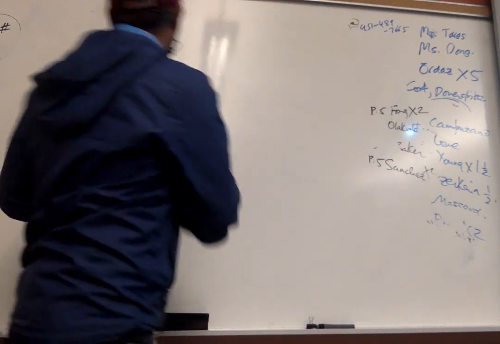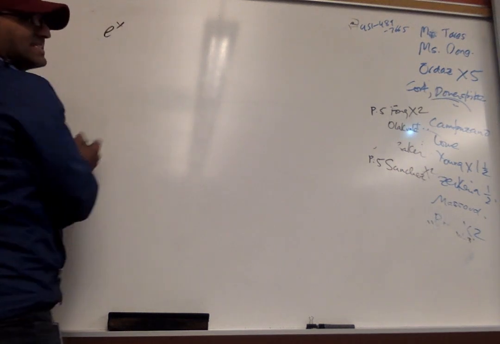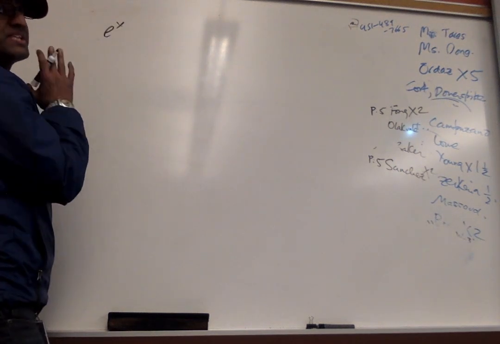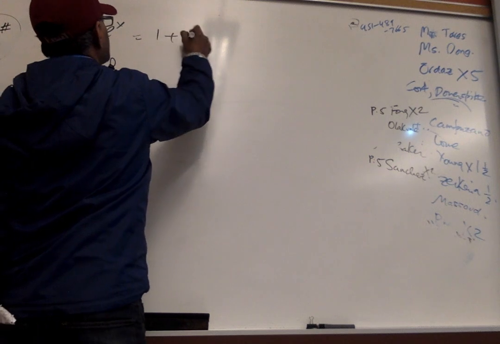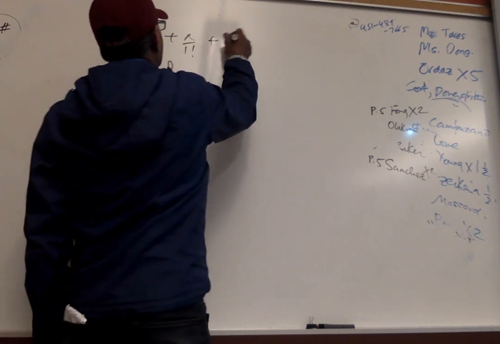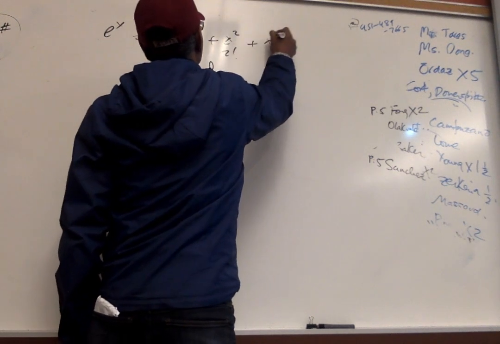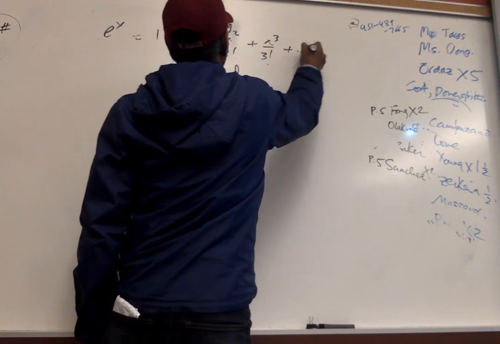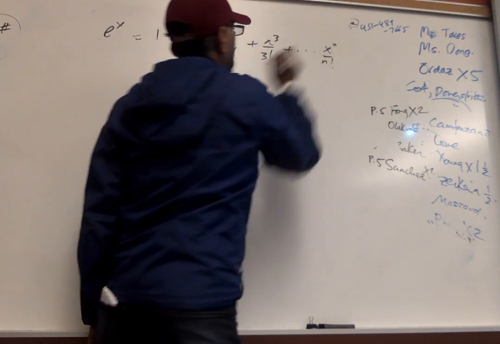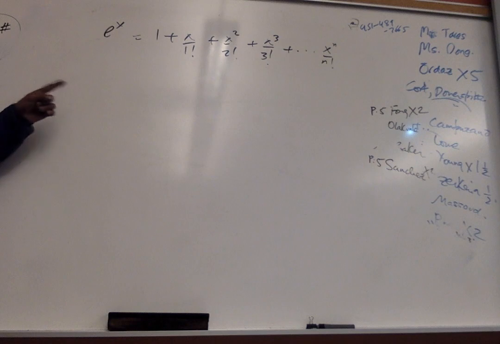So first step, write down the e^x series. Very quickly. Guys, on the AP exam, this is a 2.5 minute problem, comes in multiple choice. 1 plus x over 1 factorial, x squared over 2 factorial, x cubed over 3 factorial, plus dot dot dot x^n over n factorial. It says first 3 terms and the nth term. They also call it general term.